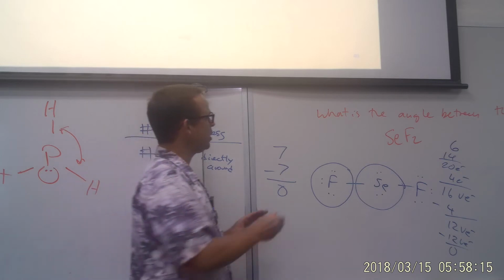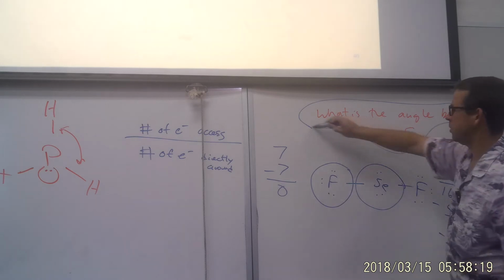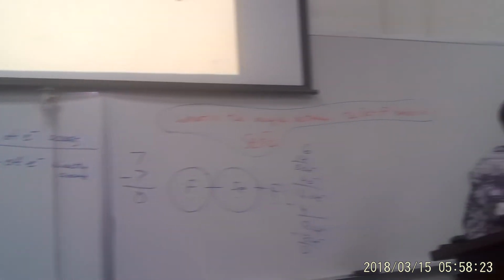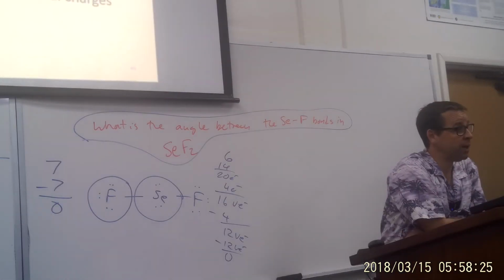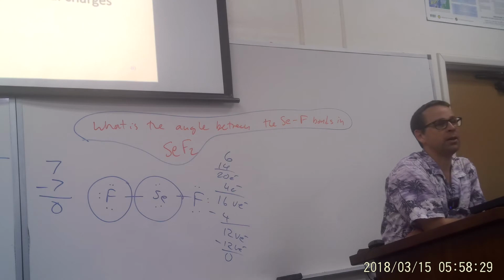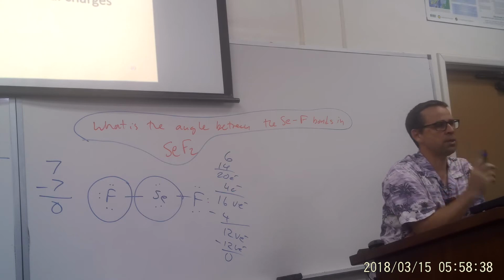All right, so what do you think? What is the angle between the selenium-fluorine bonds in this compound? 109.5? No, what did you say? 180. Oh, that's close. What we have to do is identify the regions of electron density around the central atom.